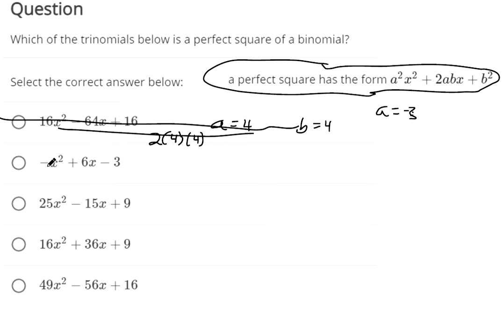Here, it's not possible, because here, well, we could factor, but it's not a perfect square of a binomial here. Because if you factor out the -1, that would be -6x plus 3.